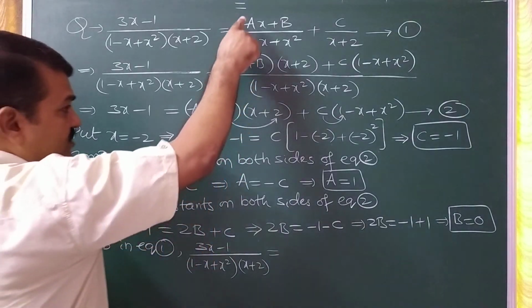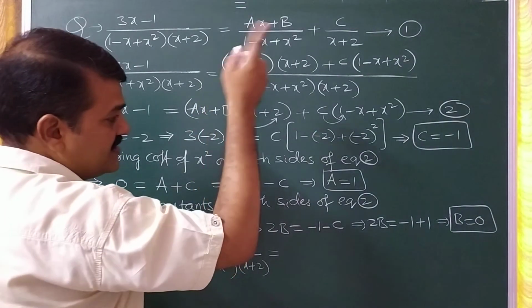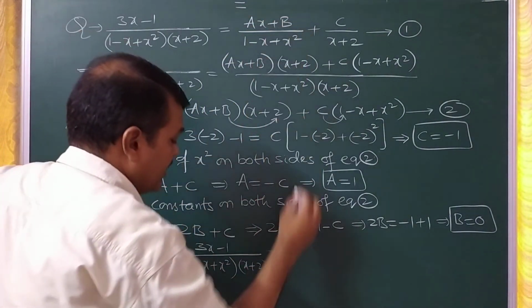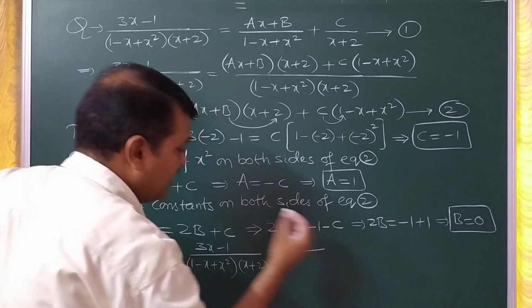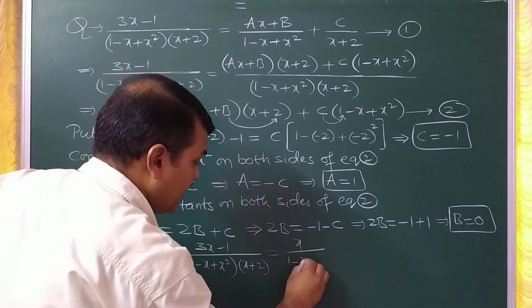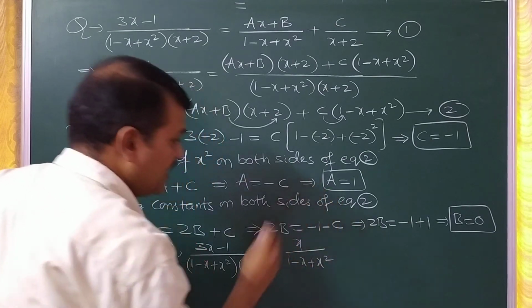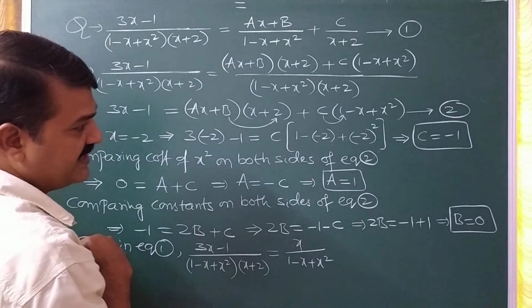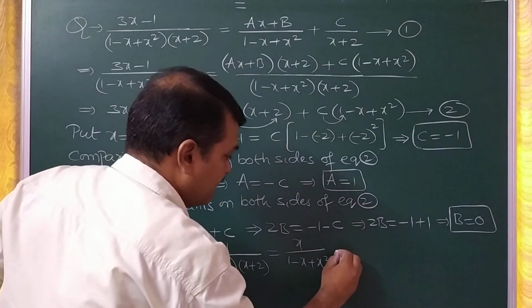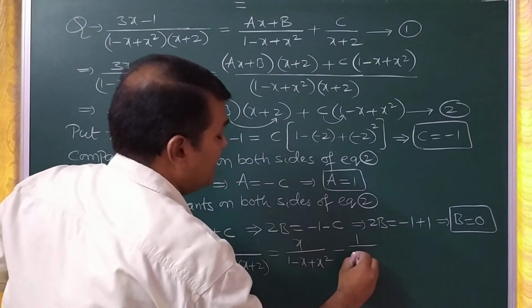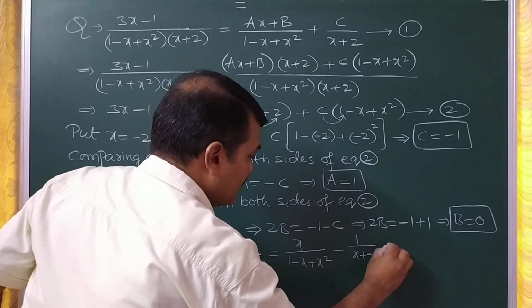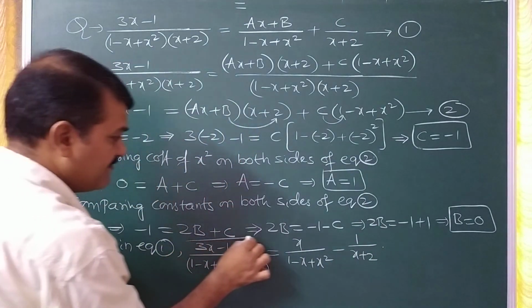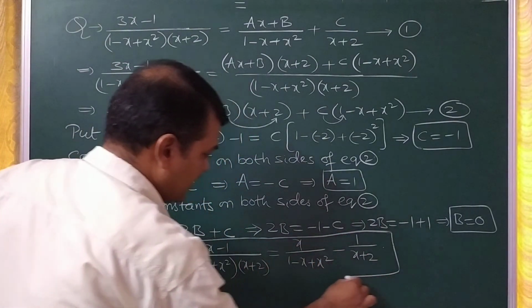Substituting A, B, C values. What is A? 1. What is B? 0. So therefore you will get x by 1 minus x plus x square. And what is C? C is minus 1. So minus 1 by x plus 2. So these are the partial fractions of the given question.